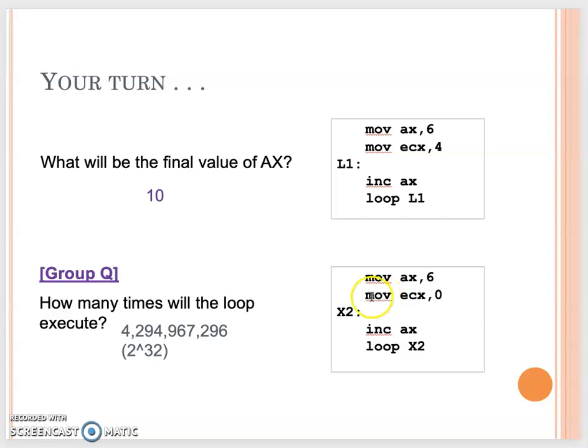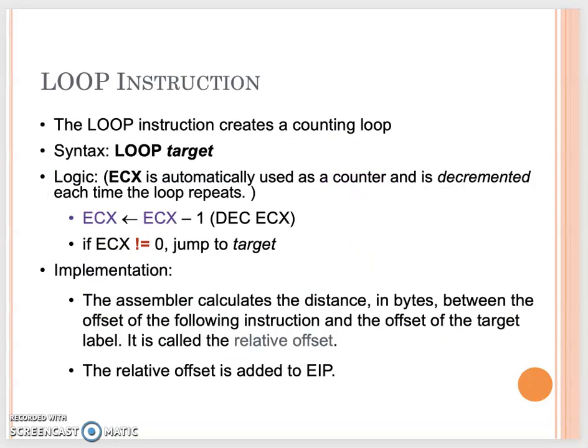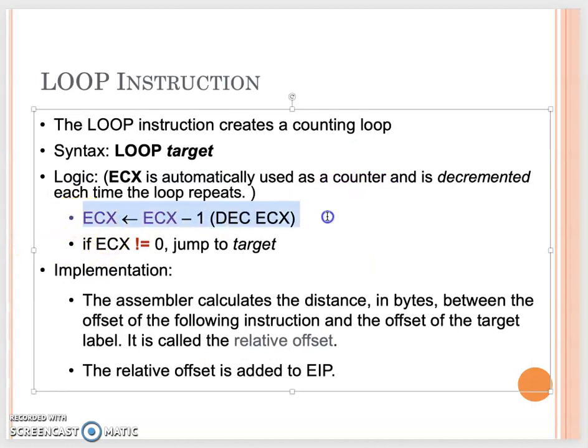Okay, we need to be careful. Your ECX is originally equal to 0, right? Remember, I increment AX. Now before the loop can jump, here you need to be very careful. Every time we do the loop, they decrement first. Then they check if ECX is not equal to 0, we jump.